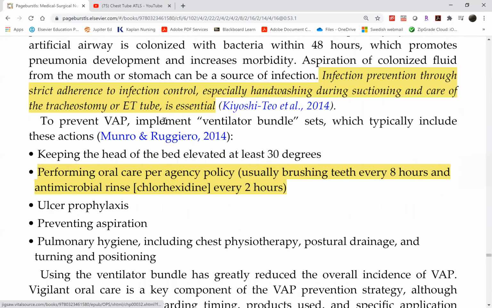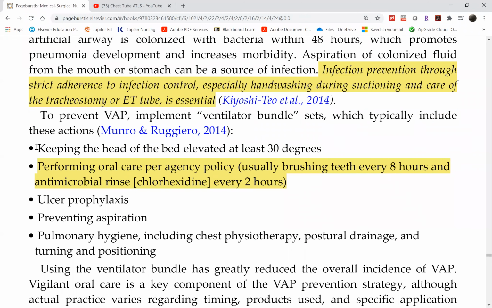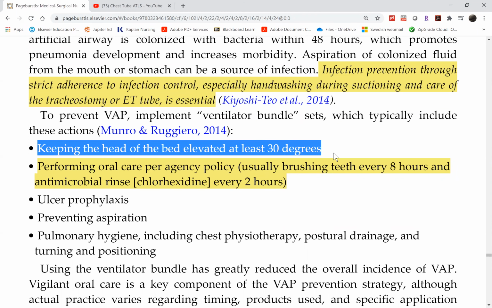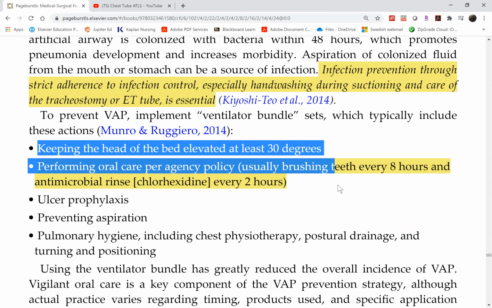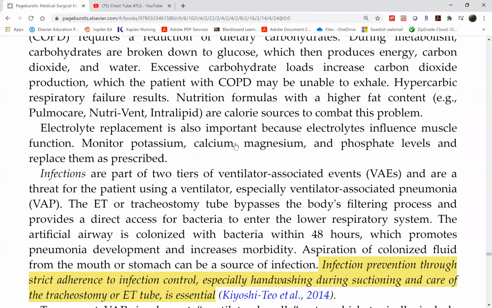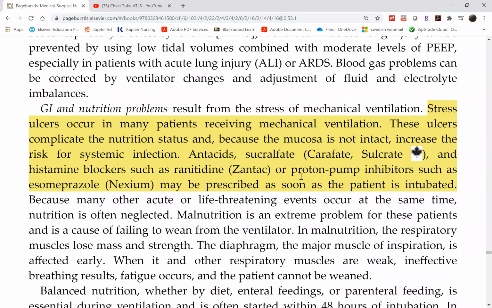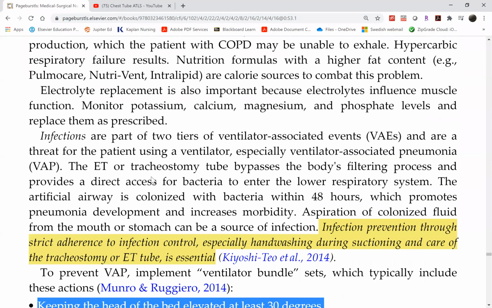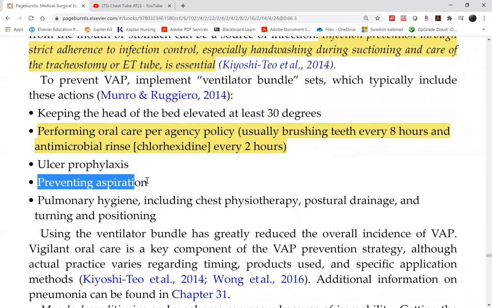So the bundle is head of the bed 30 or higher, oral care every 2 hours, and then brush the patient's teeth every 8. Also prophylaxis, again, the choices are here. We have H2 receptor blockers and PPIs. And we have preventing aspiration. This is on top of the head of the bed elevation. This is also referring to the subglottal suctioning.